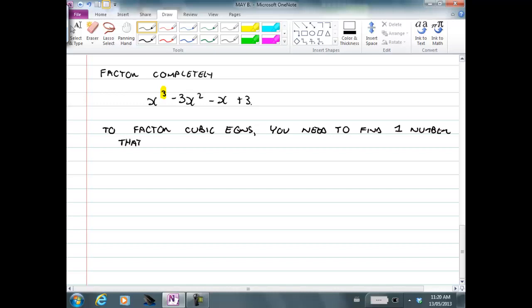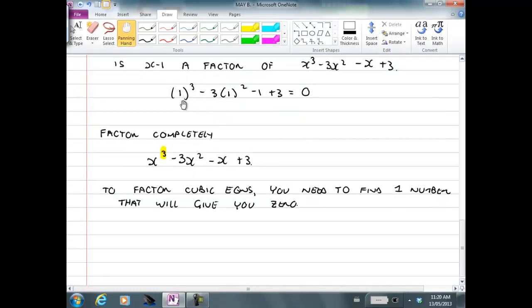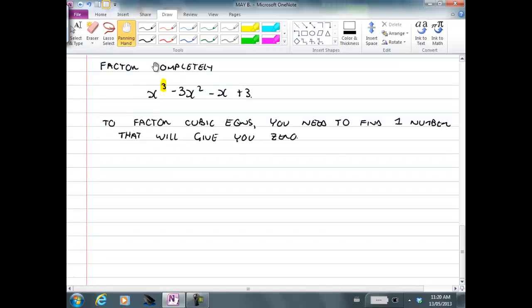Because it gives you 0, that's called the remainder. You found one number that gave you 0 right there. The number was a 1 right here because we did it x minus 1. So here's what we're going to do. So if we're going to say x minus 1 is a factor from what we did before.